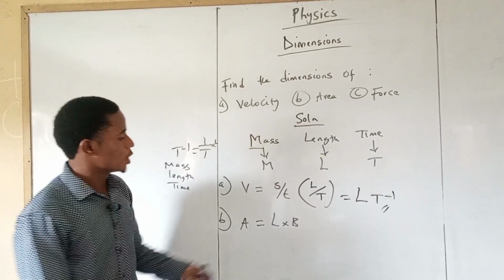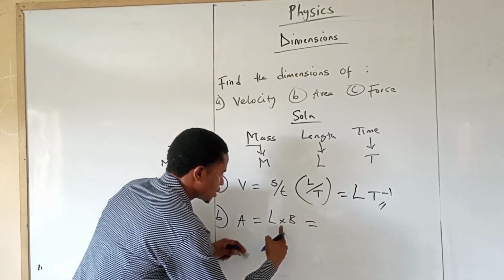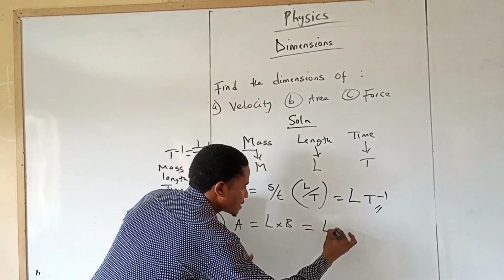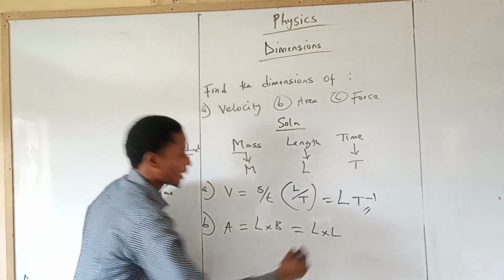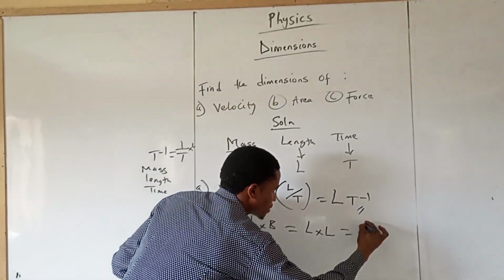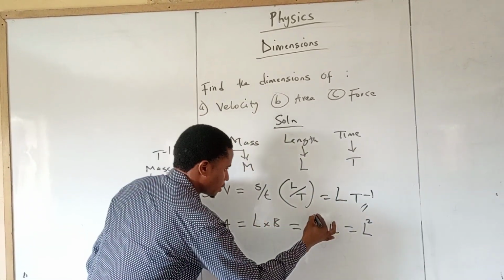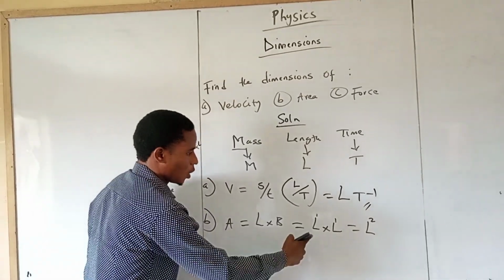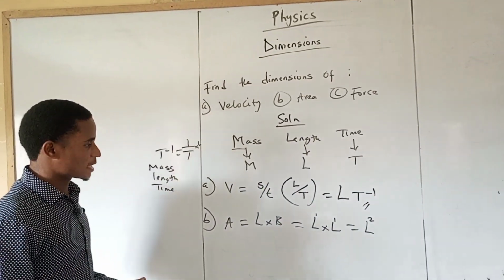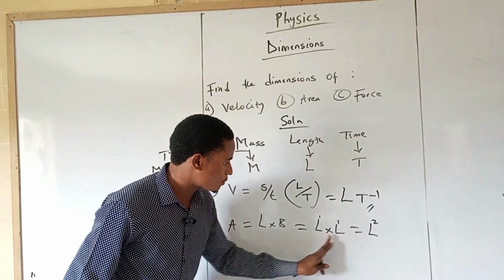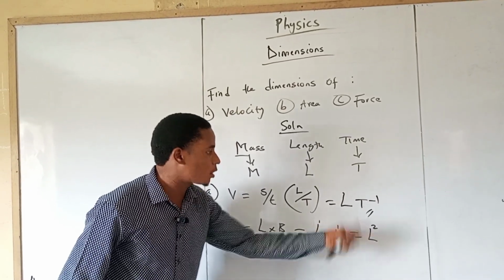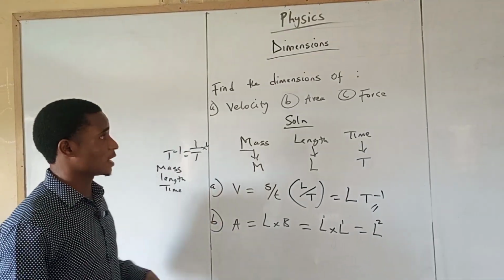So at this point, the dimension of area is length times length. And that is equal to L raised to the power of 2. Why is it L raised to the power of 2? Because L is raised to the power of 1. And under the law of indices, when the bases are the same, take one of the bases and add up the powers. That becomes the final answer.